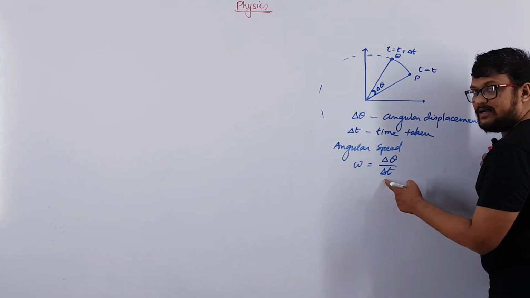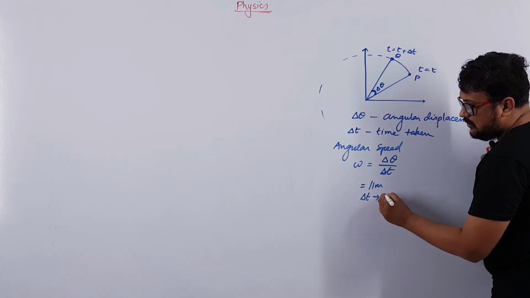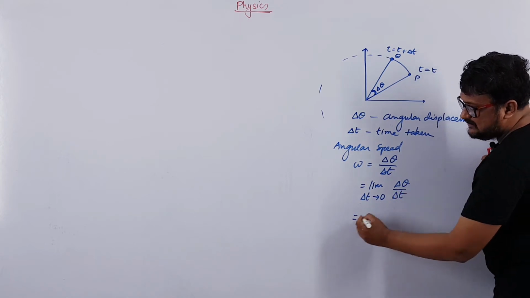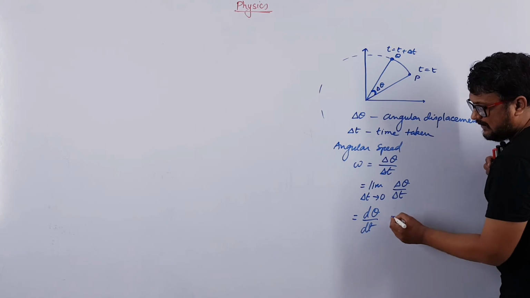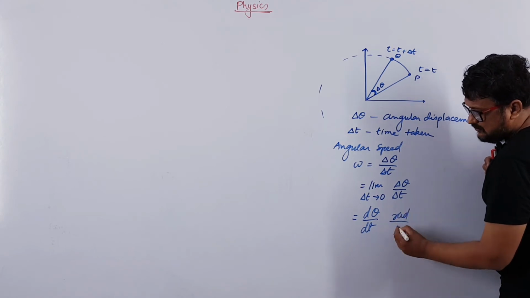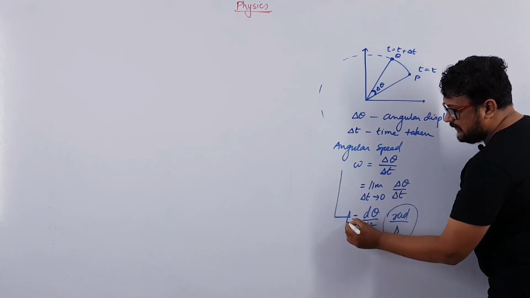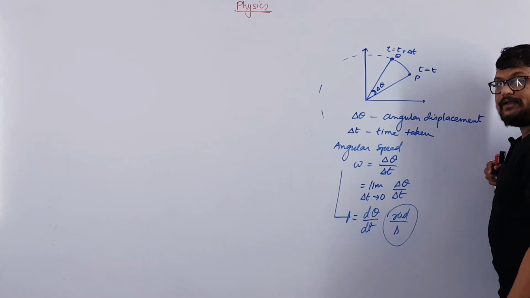Again, if you take limit delta t tends to 0, you can say that delta theta over delta t can be written as d theta by dt. The unit will be, angle is radian and time is second, so the unit will be radian per second. So this is angular velocity, right? Omega, angular velocity, delta theta by delta t or d theta by dt.